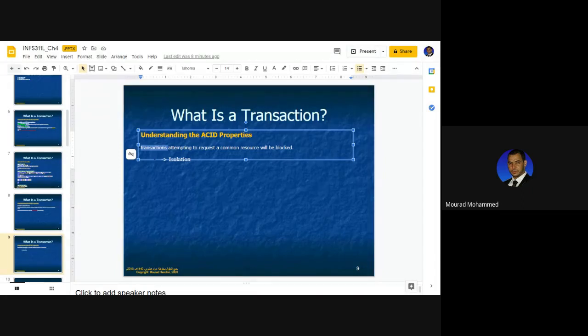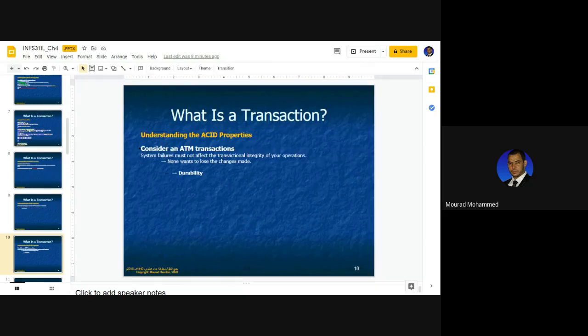No, this is not isolation. This is interference, which breaks the rule of being isolated. Isolated means there are no interferences and no interruptions at all. It's not accepted.